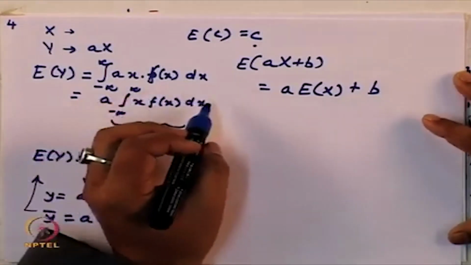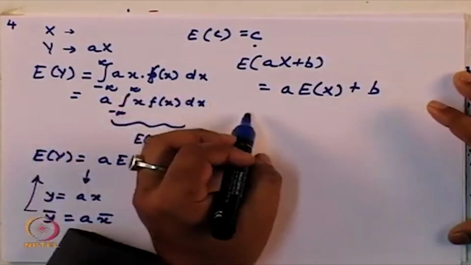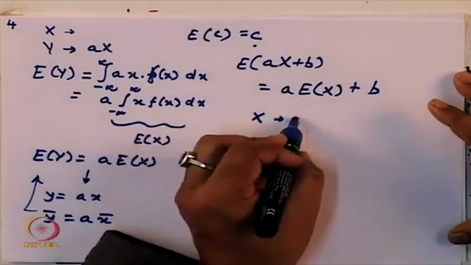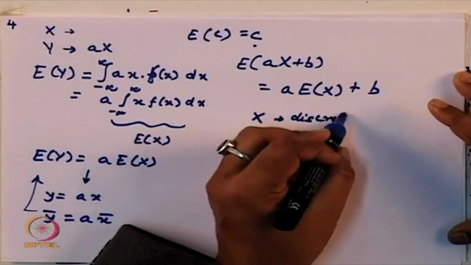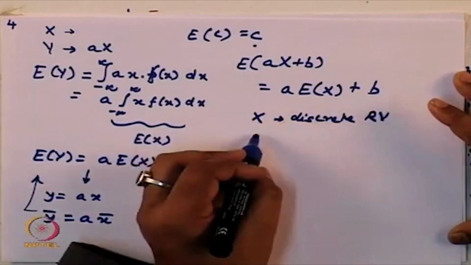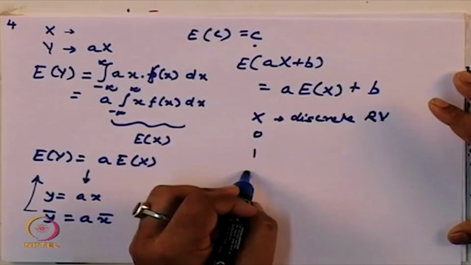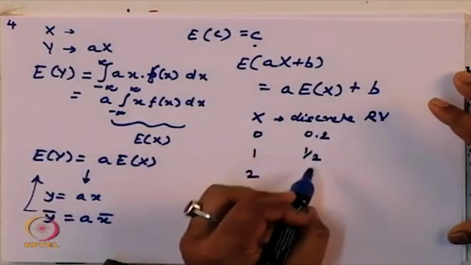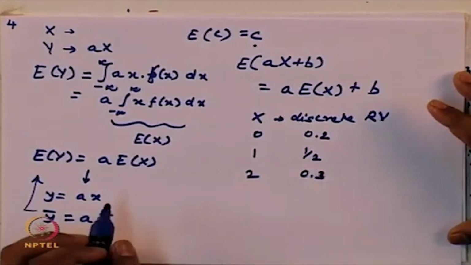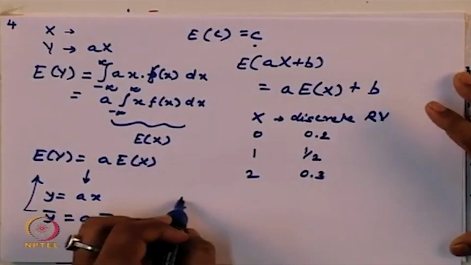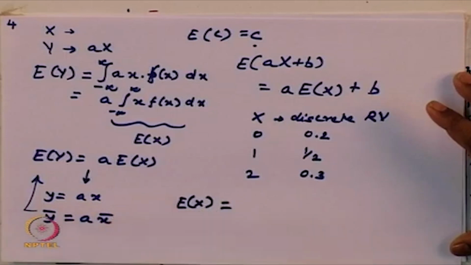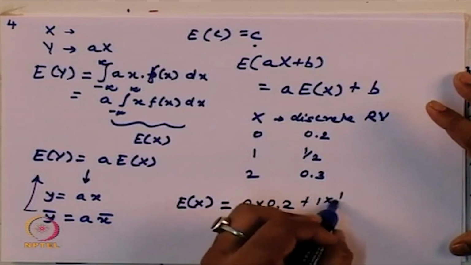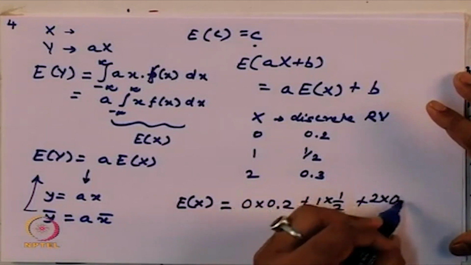We can extend this. So, let us do a simple example. Let us say that x is a discrete random variable, which takes on values of 0, 1 and 2 with probabilities 0.2, half and 0.3. I can calculate the expectation of x as 0 into 0.2 plus 1 into half plus 2 into 0.3.